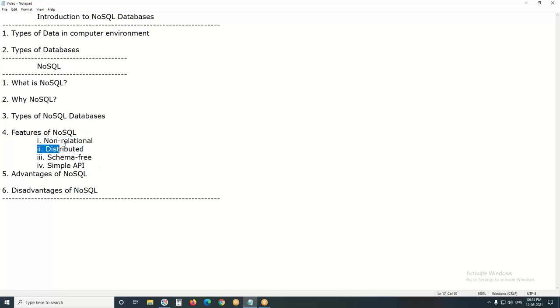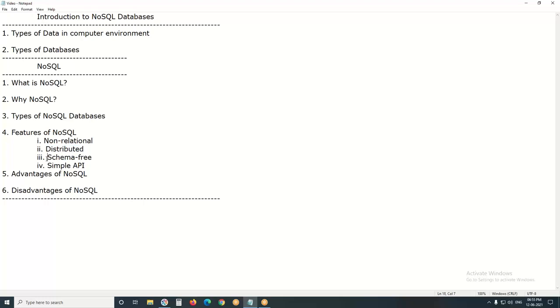Next, distributed. Multiple NoSQL databases can be executed in a distributed fashion, and NoSQL databases follow shared nothing architecture. This enables less coordination and higher distribution.